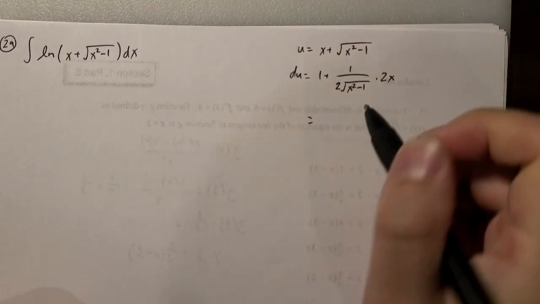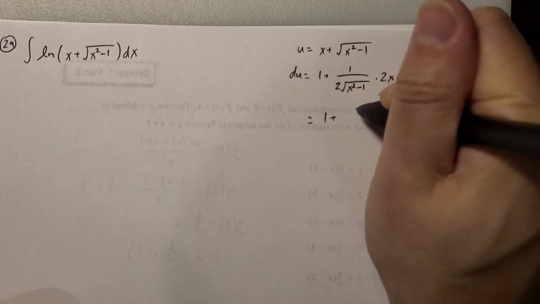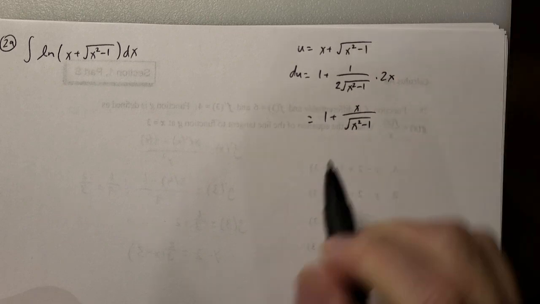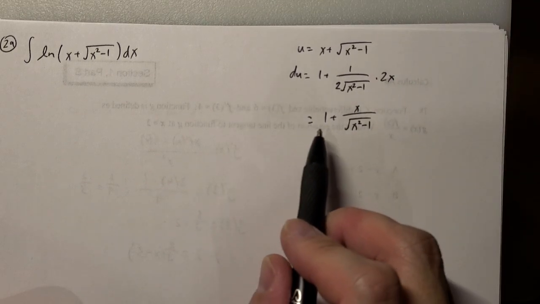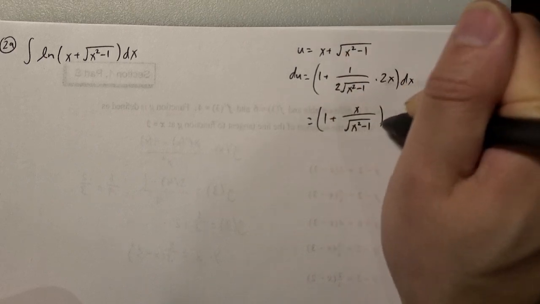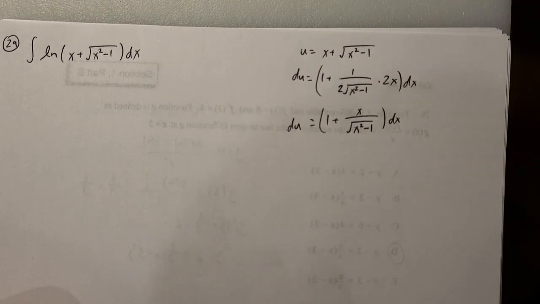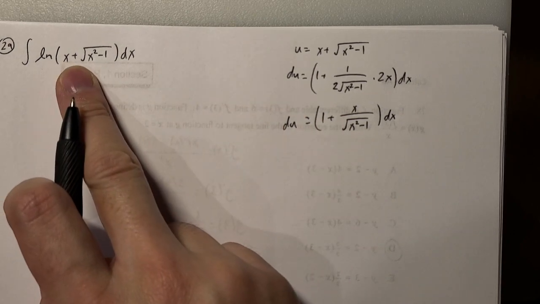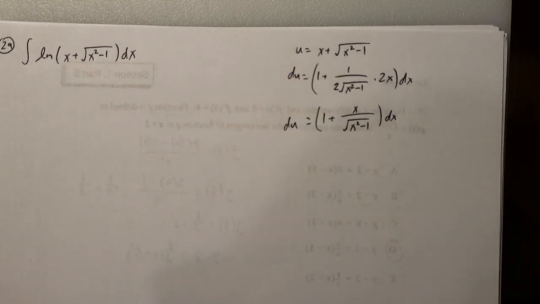Okay, so you can even simplify. It'll be x over square root of x squared minus 1, and this should be a dx. Okay? This I clearly don't really see here. So this substitution probably won't work.